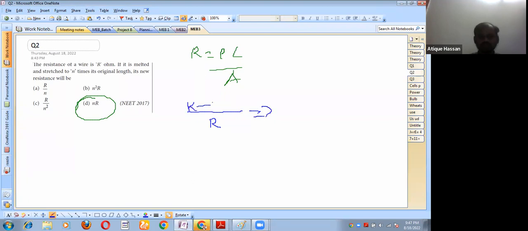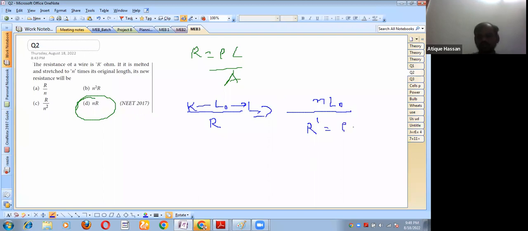So suppose the original length is L0. Now it is stretched such that the new length becomes nL0. So we have to find the resistance R dash. What is the new resistance?